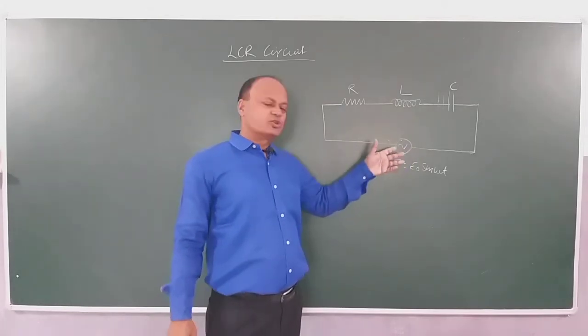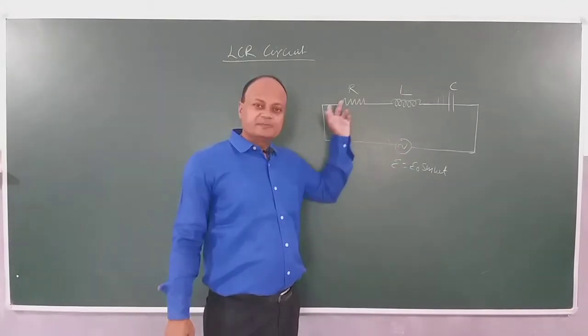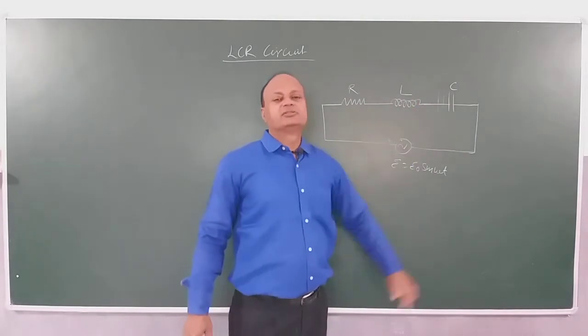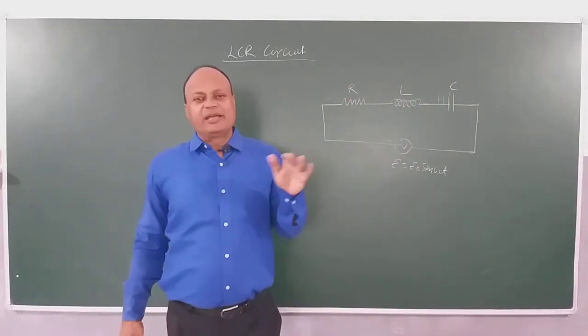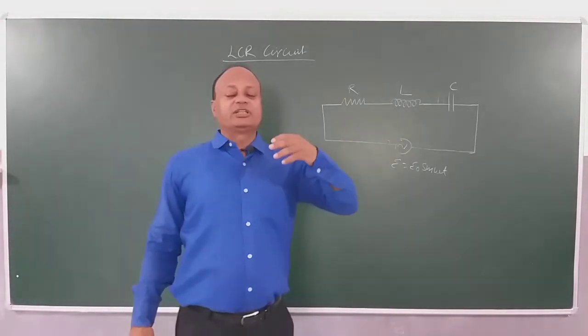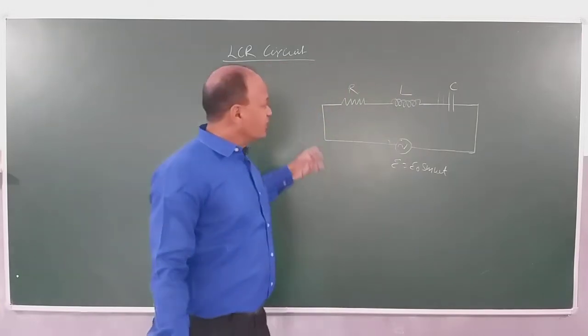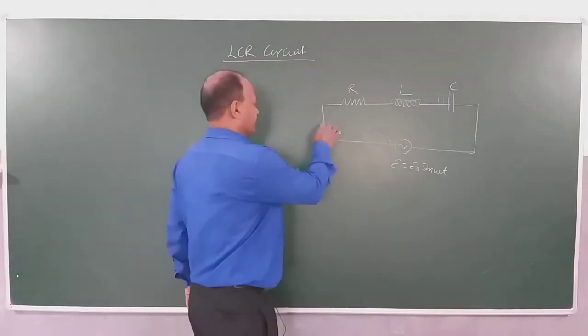Obviously this AC source will set up a current in the circuit, and these three elements R, L and C have been combined in series, and you know whenever there is a series combination, the current is always the same. So the current through all the three elements of the LCR circuit is going to be the same, and let's say the current is I.